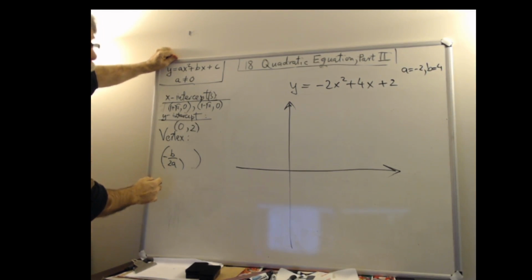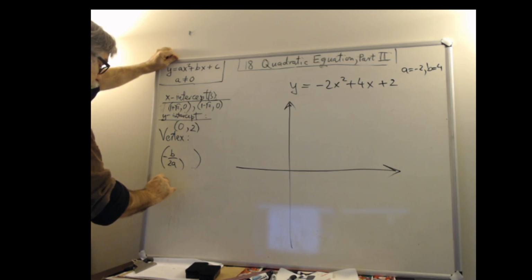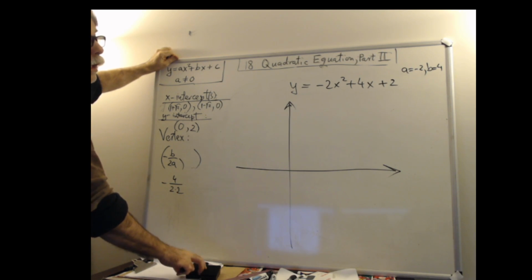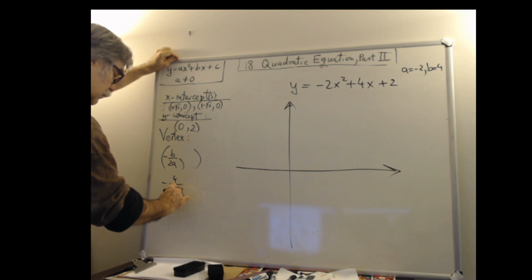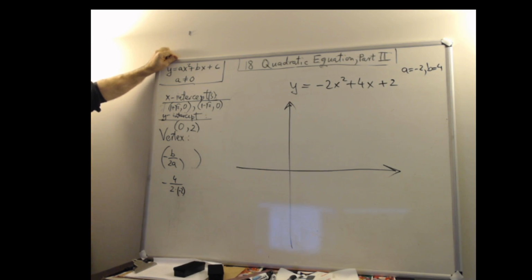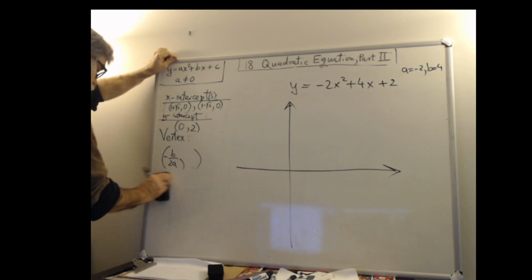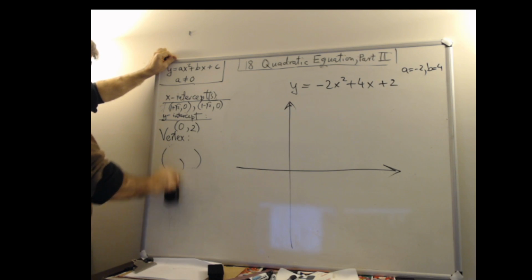So this turns out to be negative 4 over 2 times negative 2. You have to divide 4 by 4, which is 1. And you have negative here, so it's going to be positive 1.